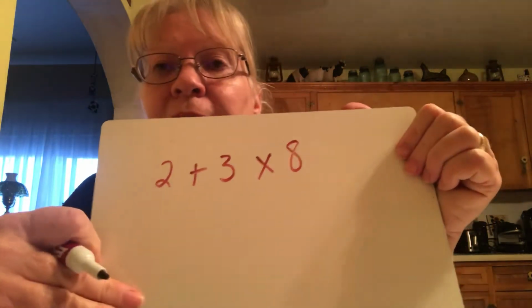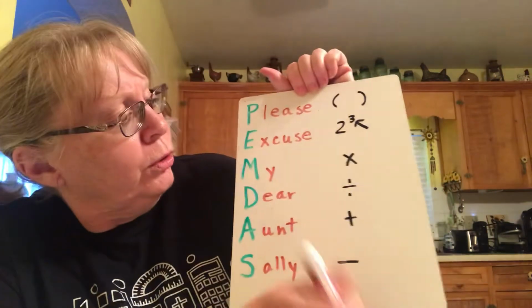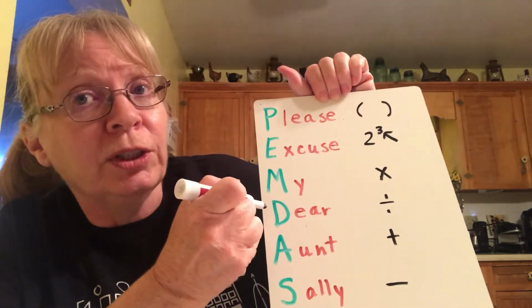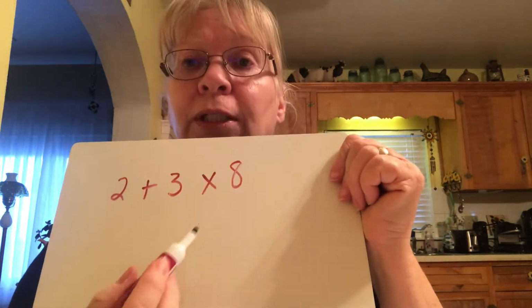And that is 2 plus 3 times 8. All right. 2 plus 3 times 8. Now, remember, with our order of operations, we do multiplication or division before we do adding or subtracting. So, first thing I need to do is 3 times 8.